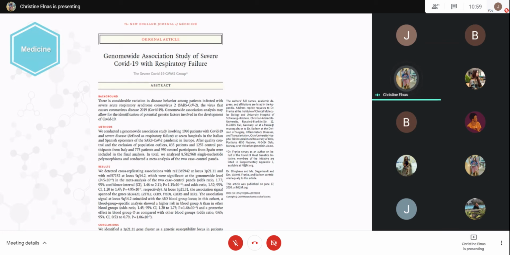Also, they found out that at the locus 9Q34.2, the association signal coincided with the blood ABO group locus.